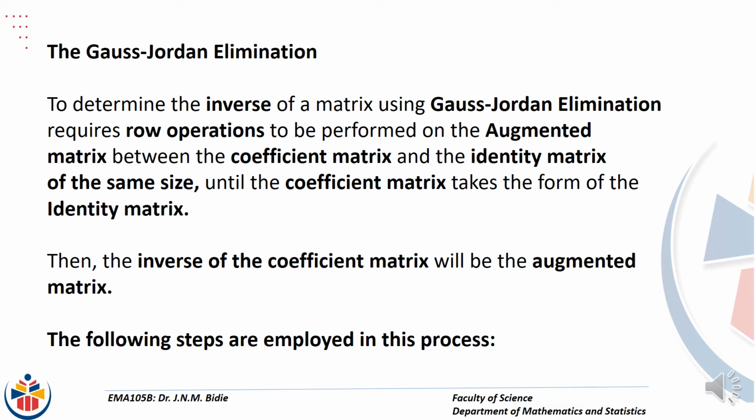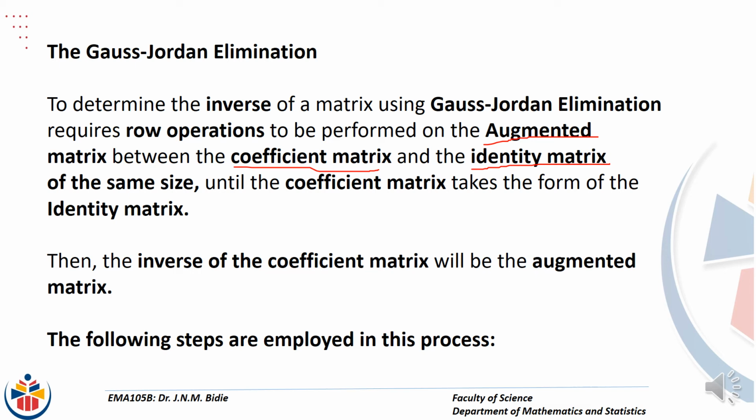The augmented matrix is the matrix between the coefficient matrix and the identity matrix. And then we perform row operations until the coefficient matrix, which is matrix A, is of the form of an identity matrix. Then the inverse will be the augmented matrix.